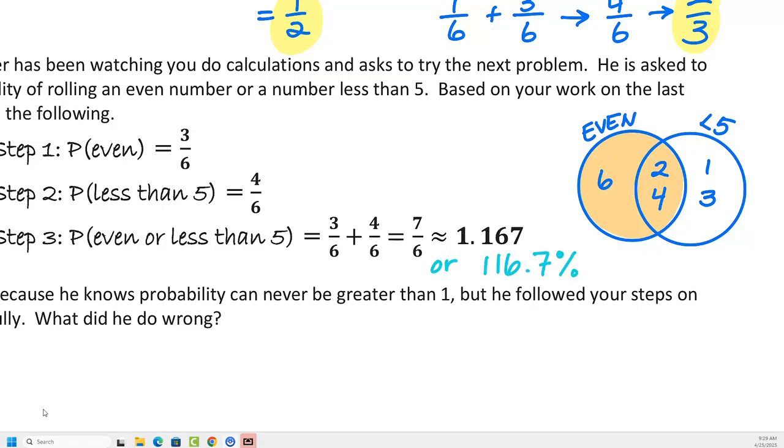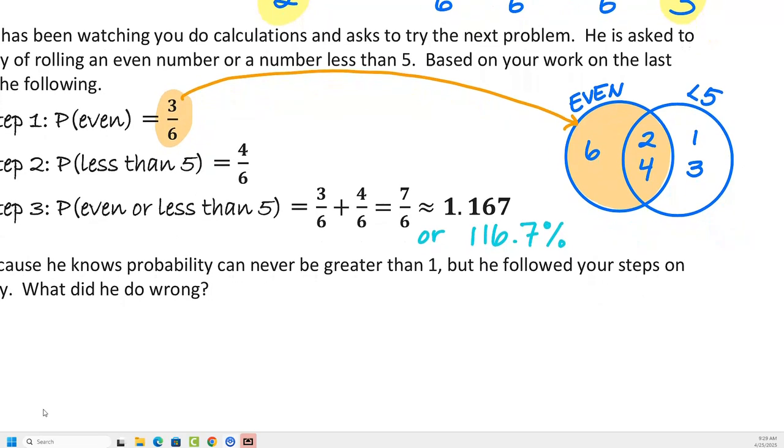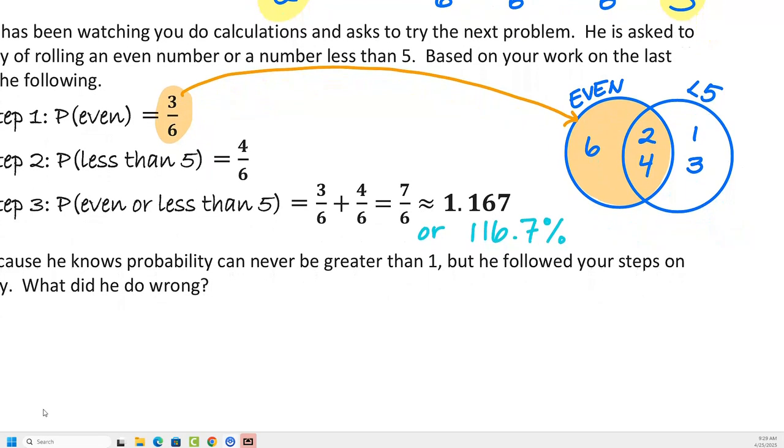So doesn't that represent the 1/6 here? Are you okay with that? Okay, and then notice on this one, the 4/6 represents everything that's less than 5.